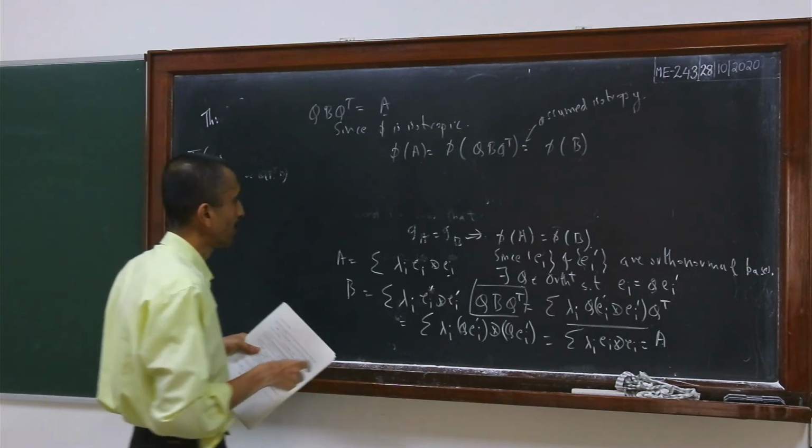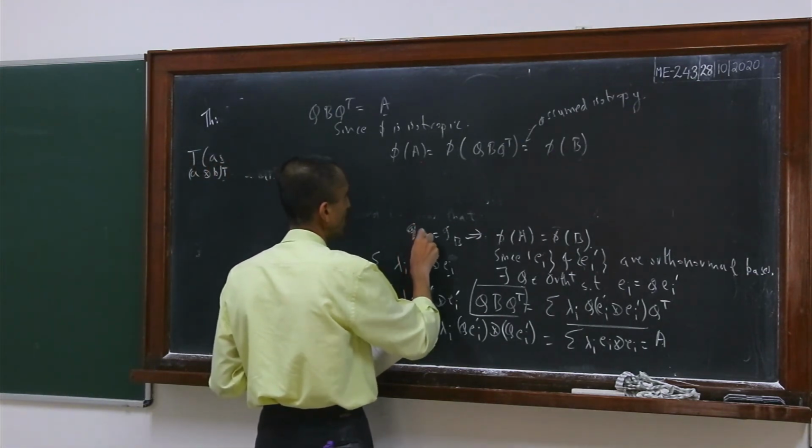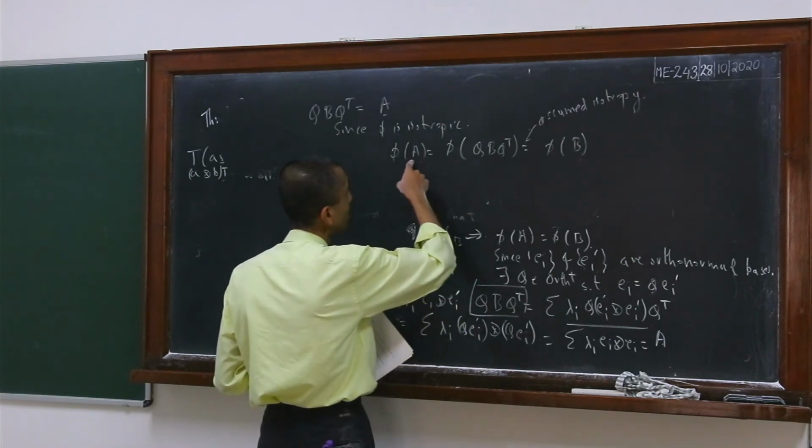That is what we wanted to show: we started out with I of A equal to I of B, and now we have shown that phi of A is equal to phi of B.